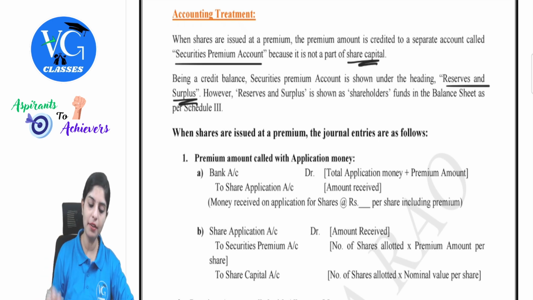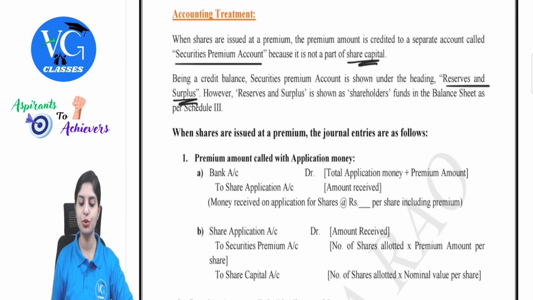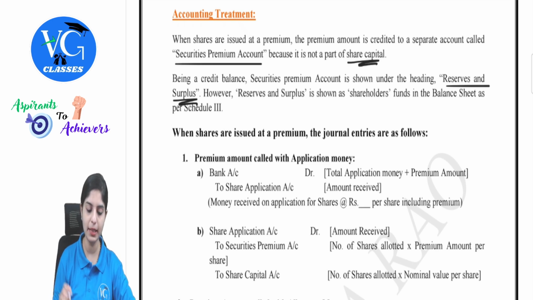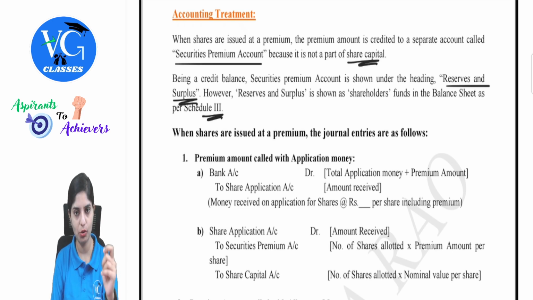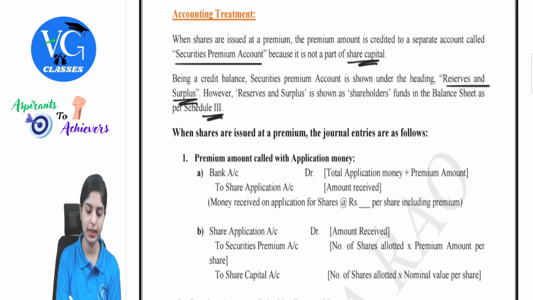However, reserves and surplus is shown as shareholders fund in the balance sheet as per Schedule 3. So whatever we record or present in the balance sheet with respect to equity, there is a category called shareholders fund. Ultimately, reserves also belong to shareholders. So therefore, it is part of shareholders fund.